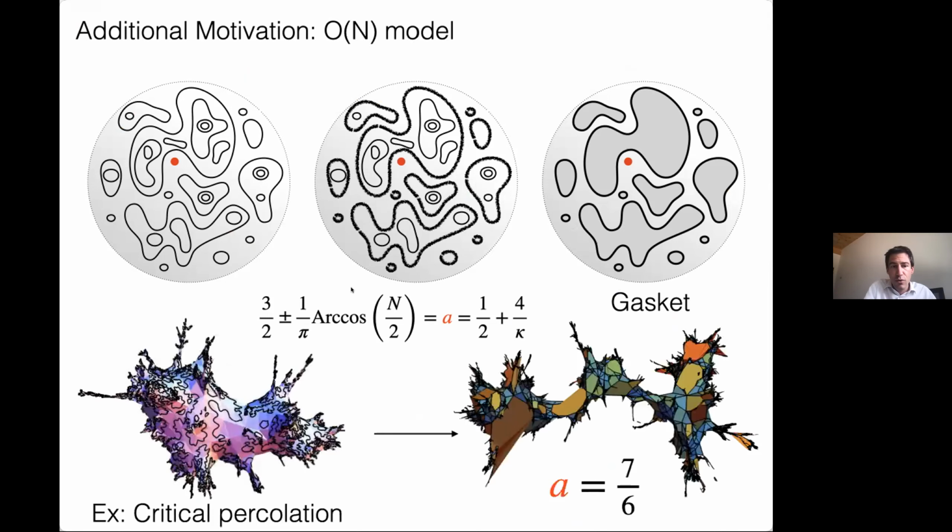And if you play this game for a critical statistical physics model, so this O(n) model coupled with a map, so the map is biased by the partition function of this statistical physics model, then the gasket of the map should be one of these stable maps, and the exponent a is related to the n of the O(n) model and to the kappa of the describing SLE by this relation.